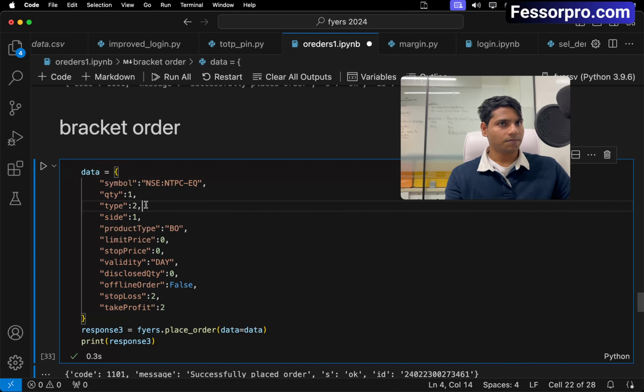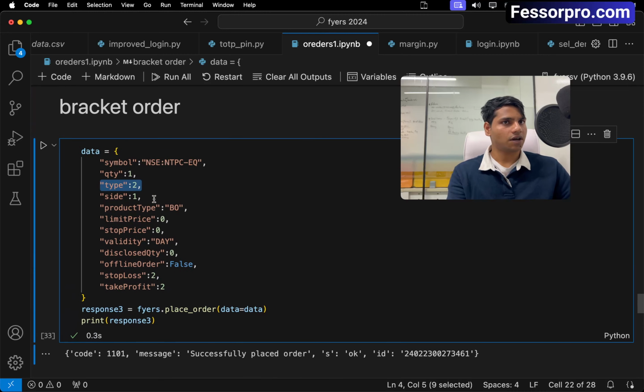The first order will be type 2, meaning the first order will be a market order. Now keep in mind, if I change this to 1, I have another example where I'll write bracket order with limit price, but now I'm keeping it as 2. Side will be 1 because the first order should be a buy order. Then you need to change these two things: one is stop loss and one is take profit.